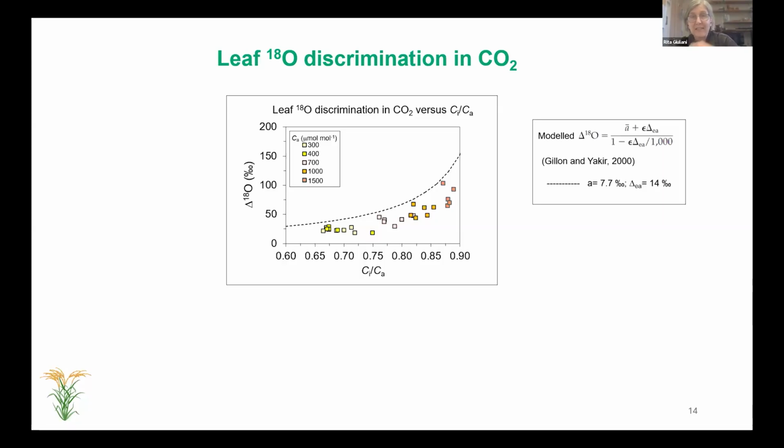Here it is not a linear pattern, it is curvilinear, and all the squares are data collected per single biological replicate using the new tracer. They cover a range of Ci over Ca from 0.65 to 0.90, generated based on different levels of CO2 set in the equipment, from 300 to 1500, essentially the same CO2 levels we have seen before. And we see that the data tend to follow this increasing pattern.